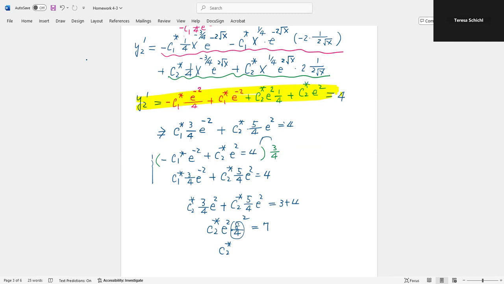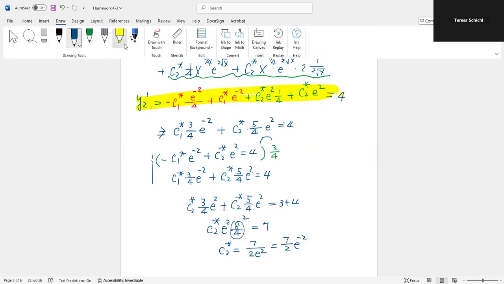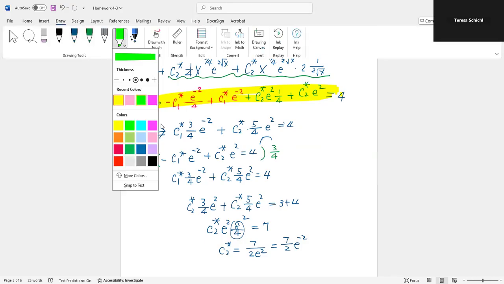My C2 star will be 7 divided by 2, times e to the negative 2, right? So that's why I will have 7/2 e to the negative 2. Wow, that is a long way to get it. Almost there. So this is my C2.